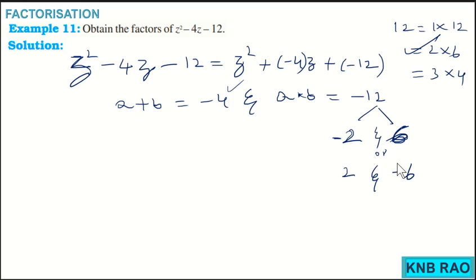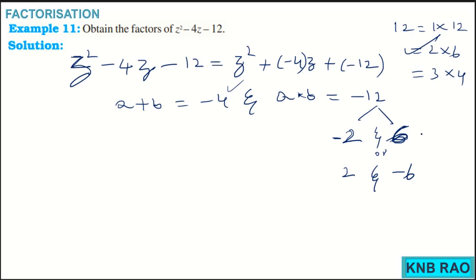Now consider, if I take minus 2 and 6, their sum will be plus 4. If I consider 2 and minus 6, their sum will be minus 4.